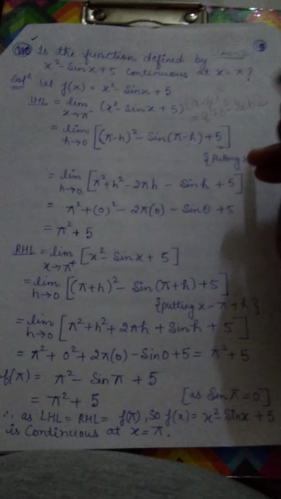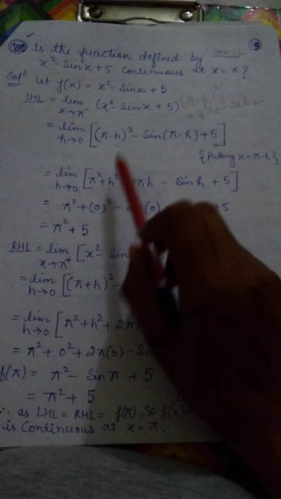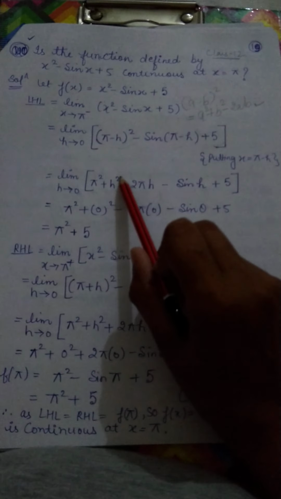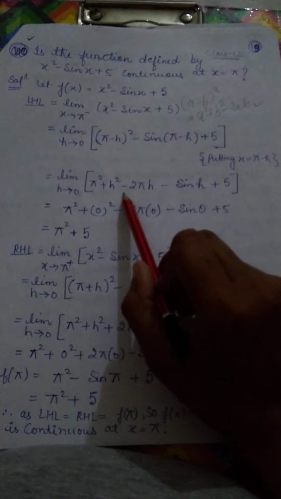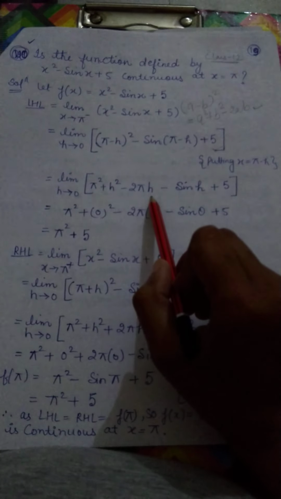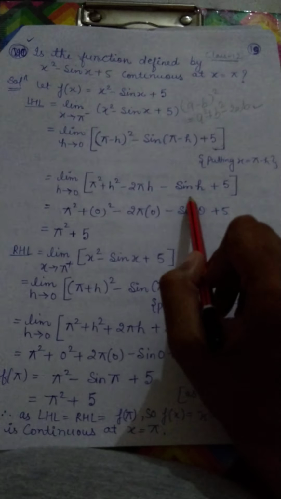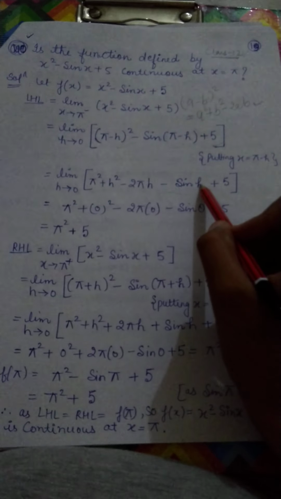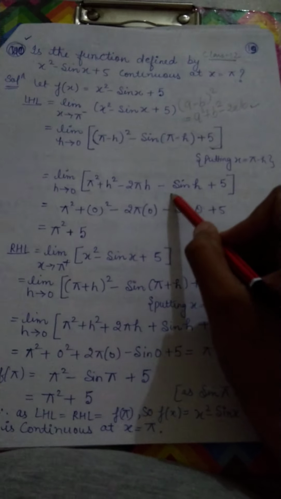Using this identity बच्चे, I am opening it and I will get pi square plus h square minus 2 pi h, and over here, as you know, sin of pi minus h will give sin h, so I have replaced it.